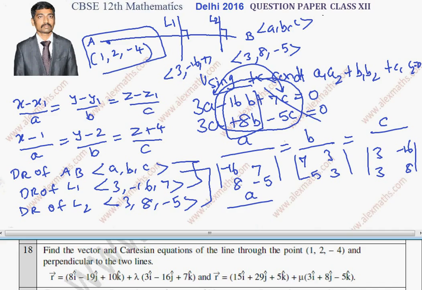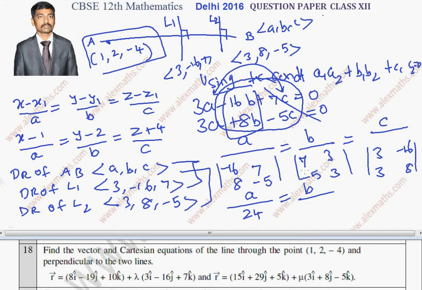So a by, this is 80 minus 56, so 24, and b by, this is 21 minus 15.